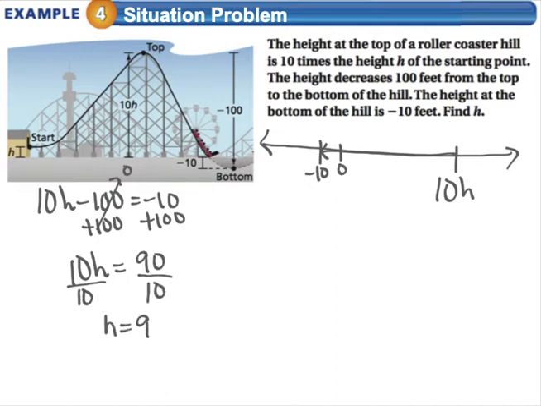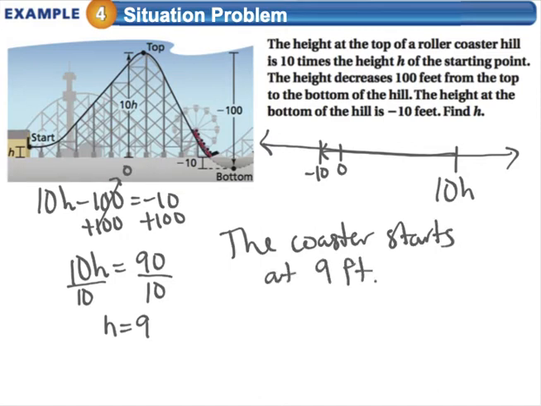It asks us to find h. H is 9. So the coaster starts at 9 feet above ground. It's probably a little platform you climb on to get seated into your seat before you go on the roller coaster. But there you go, that one's solved.